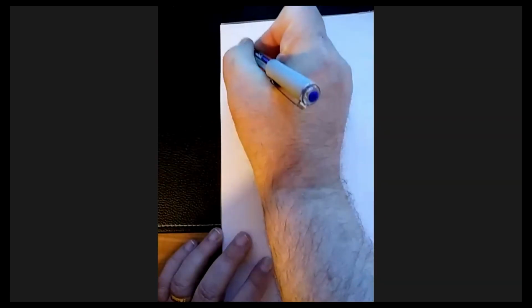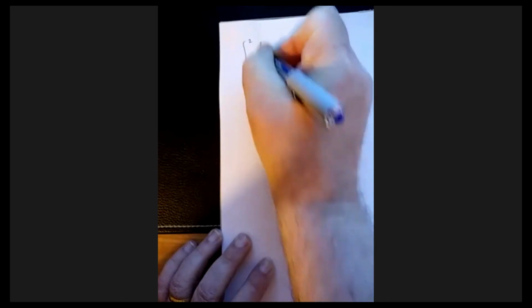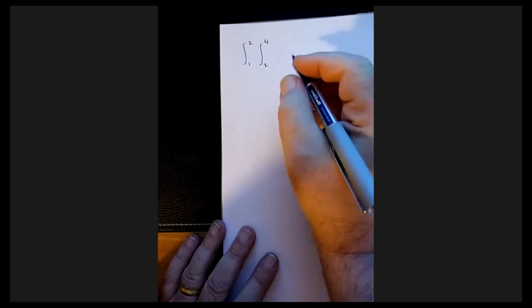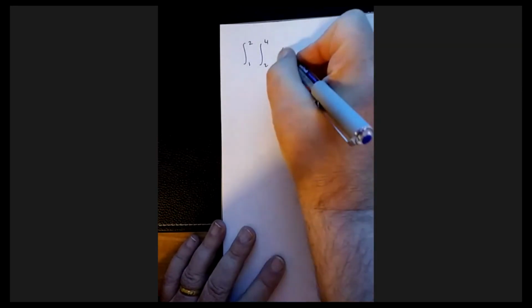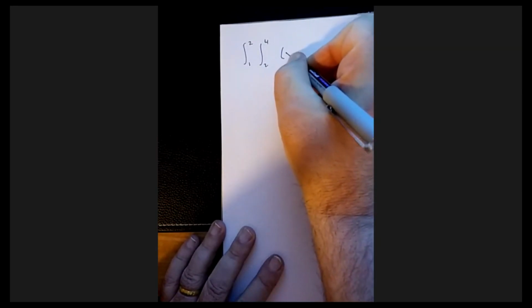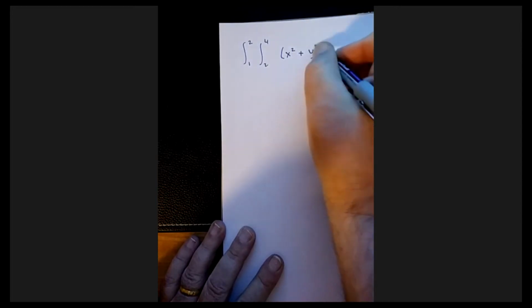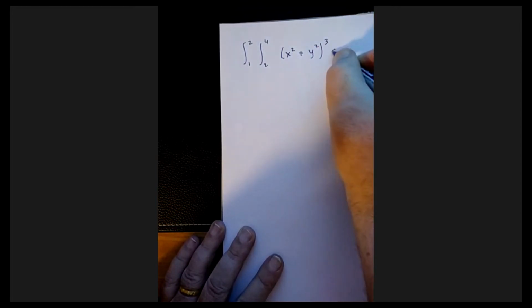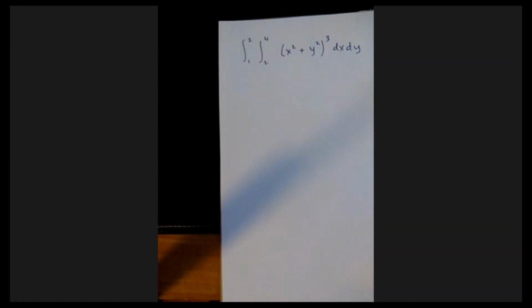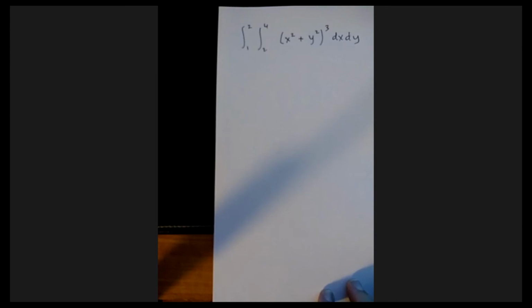Try another one. Suppose we do the integral from 1 to 2 and the integral from 2 to 4. And this time I'm going to do, so, nothing too scary.